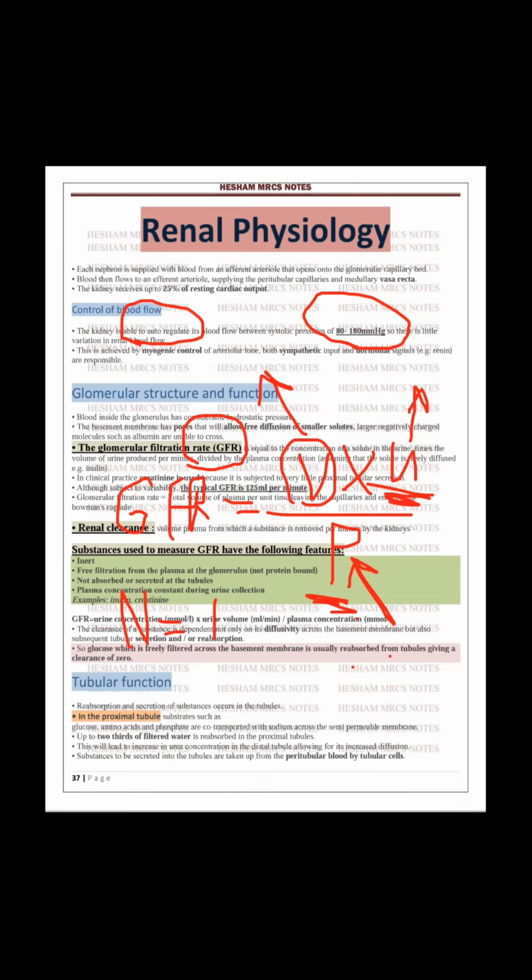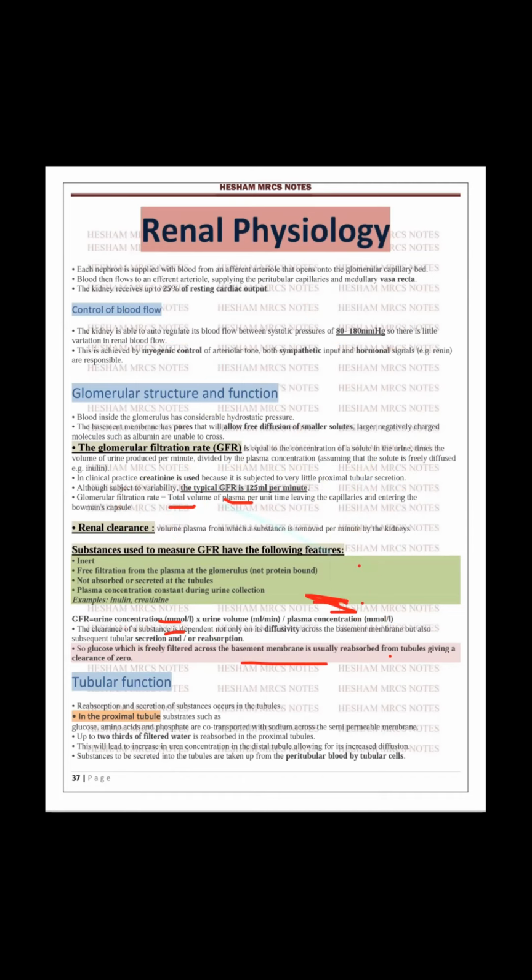Then you have another definition called renal clearance. What is the difference between renal clearance and glomerular filtration? Glomerular filtration rate is the total volume of plasma which is leaving the capillaries to enter the glomerulus itself. But what about renal clearance? Renal clearance is the volume of plasma from which a substance is removed per minute in the kidney.